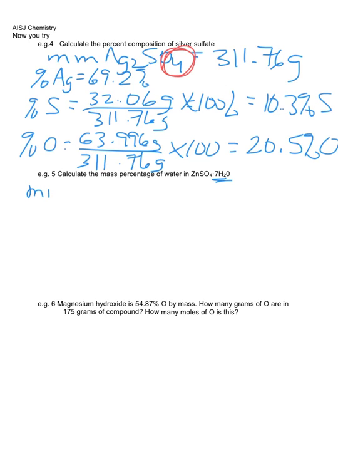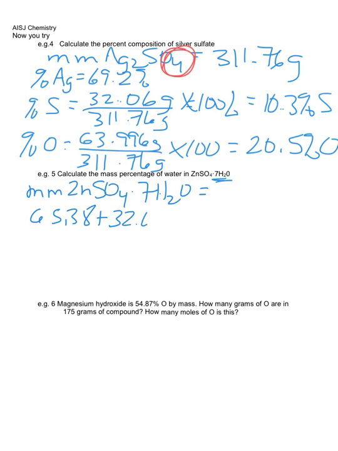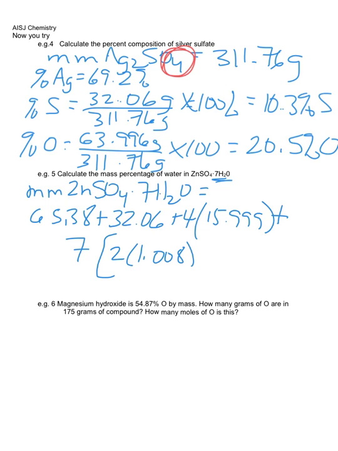All right, so the molar mass of hydrated zinc sulfate is equal to the mass of zinc plus the mass of sulfur plus 4 times the mass of oxygen plus 7 times 2 times the mass of hydrogen plus oxygen.